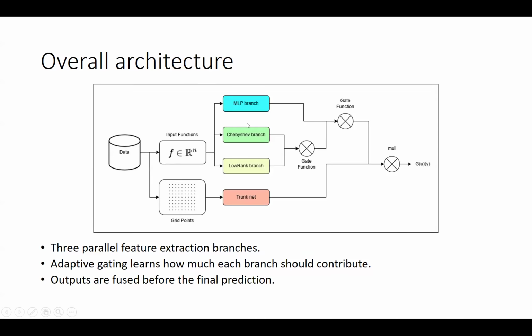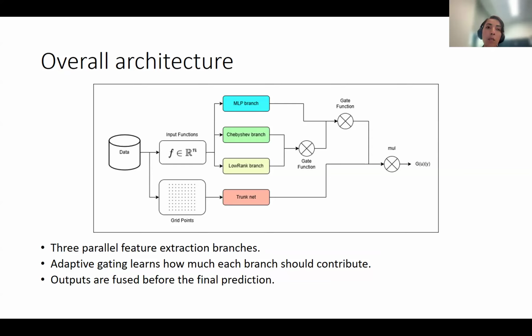If we first combine the MLP and Chebyshev branch, the network works worse. Maybe it's illogical, but it was just worse than that combination. So it's just an empirical result.